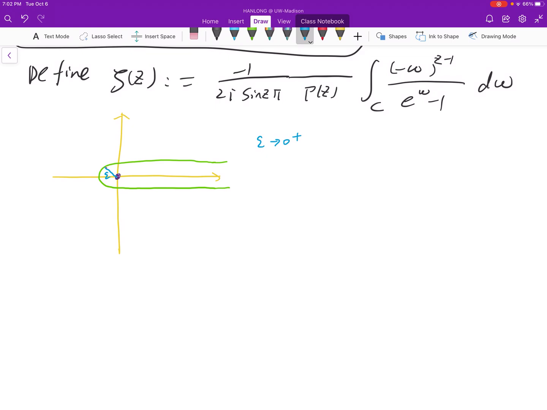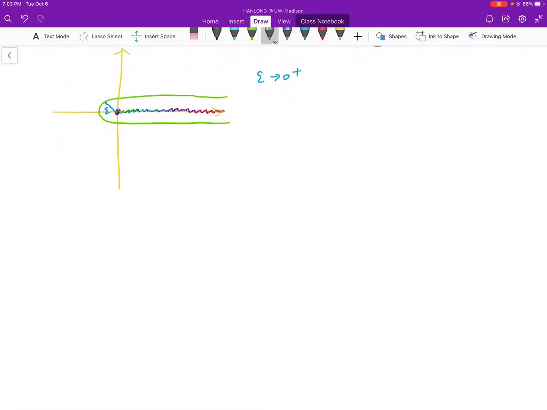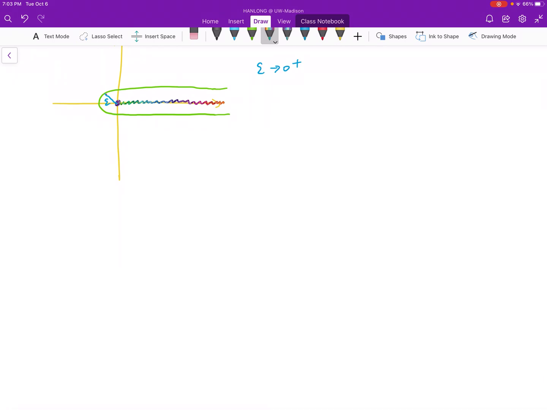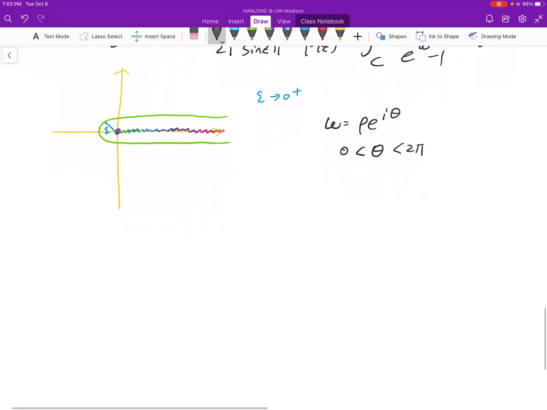And here, since you have a power function, we take the cut like this, and then your function is defined in the remaining part. So here omega is rho e^(i theta), and we let theta be an angle between 0 and 2 pi. So that corresponds to the cutting.